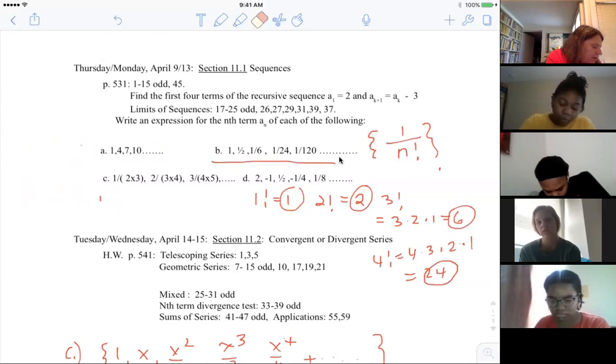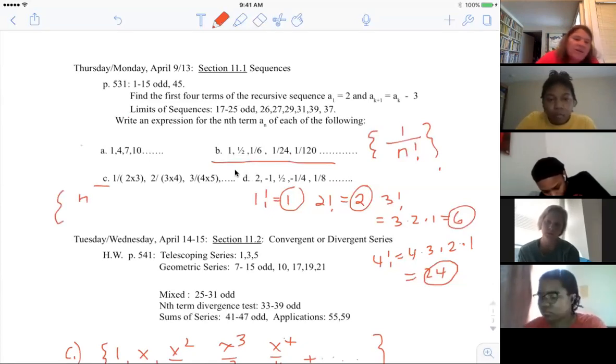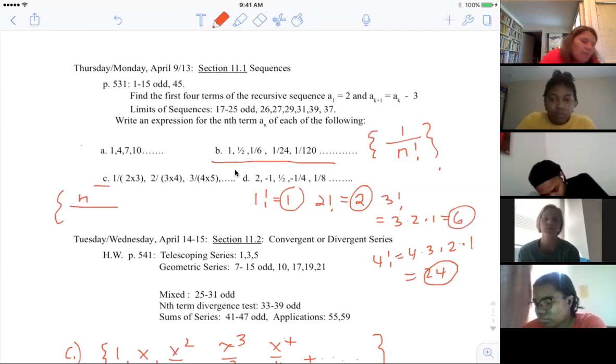I think we did this one. I'm not absolutely sure, but that was kind of an easy one to see. The numerator counts up 1, 2, 3, 4. We looked at that pattern. So I think we probably need n up there, because if we start at 1, the next one will be 2, and then 3, and then 4. And I think we did look at this one yesterday. 2 is 1 bigger and 3 is 2 bigger.